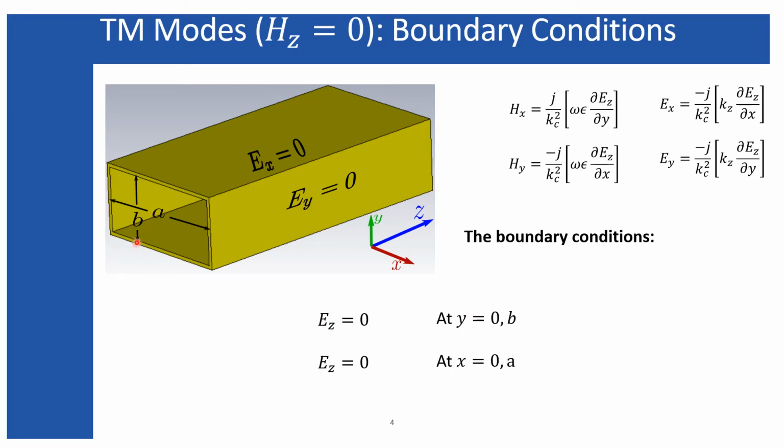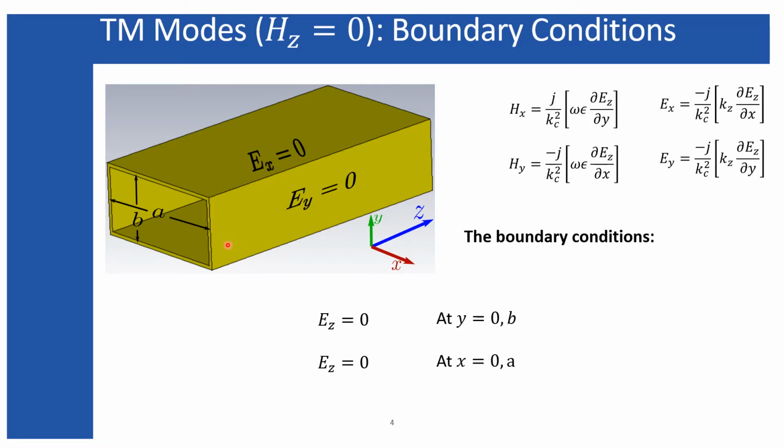At y equals 0 it is tangential to the bottom plate, and at y equals b it is tangential to the top plate. Similarly, Ez is tangential at x equals 0, that means at the side plate, and also tangential to the right side plate at x equals a.